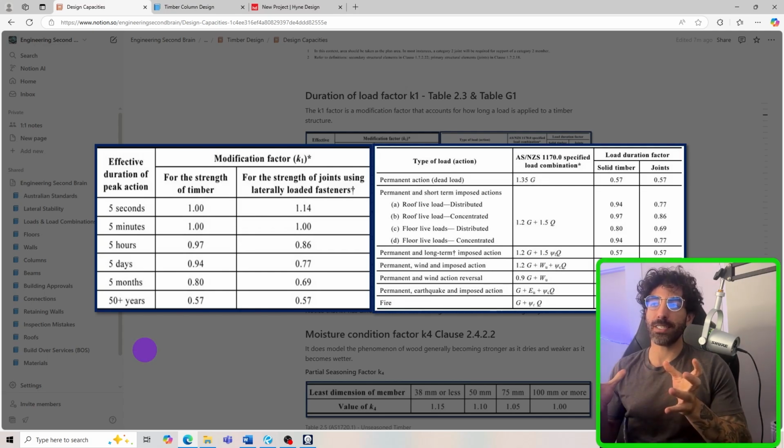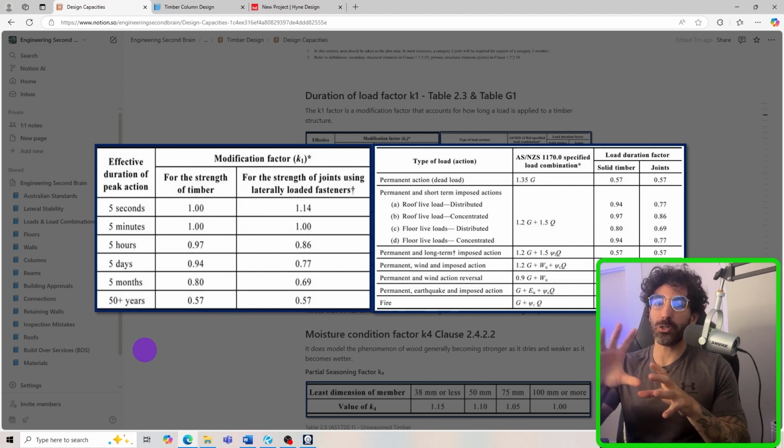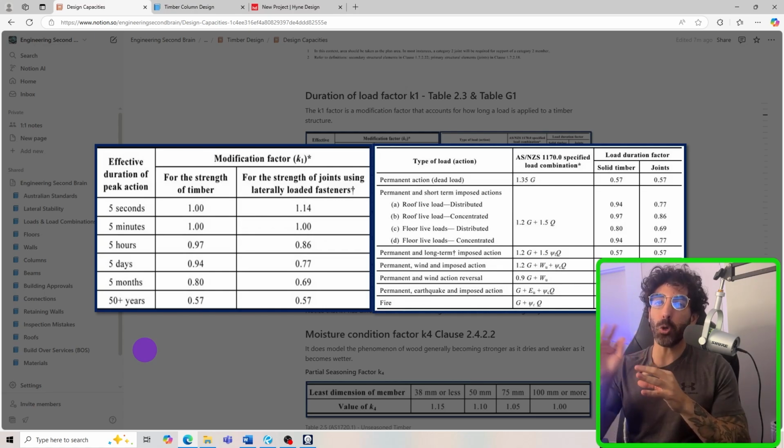What I'm trying to say is that you will probably have to design a timber member for various load combinations, not only the one that results in the highest loads. That's why sometimes it can be a little bit of a pain, but we can use software and spreadsheets, and with time you will get a feel for what load combinations will be the most critical ones, and then you can just pick those ones to do a quick check.